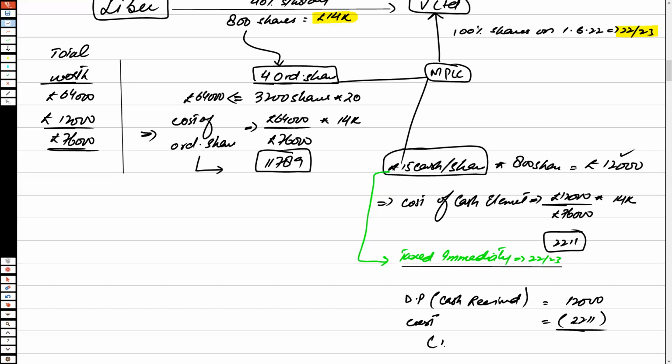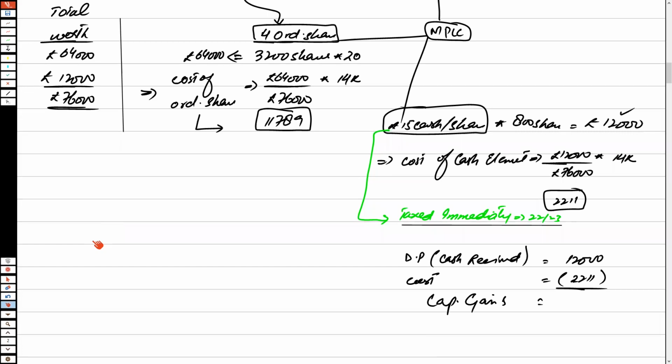So the capital gains for this year are the differential between these two. From 12,000, if we deduct, capital gains with respect to this transaction are 9789. Thank you, Faisal. 9789.